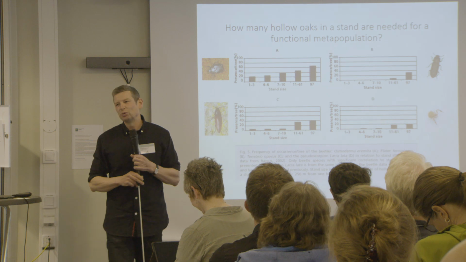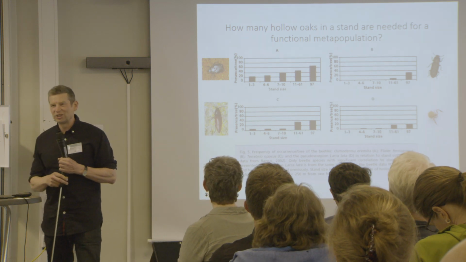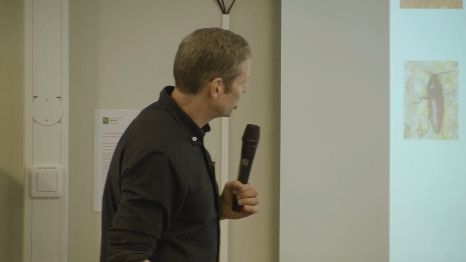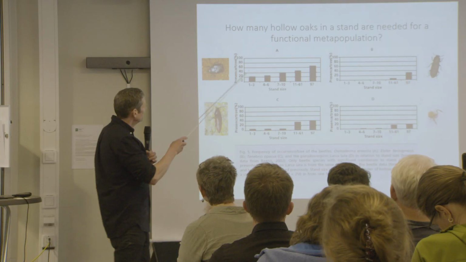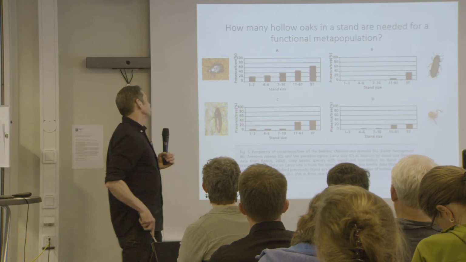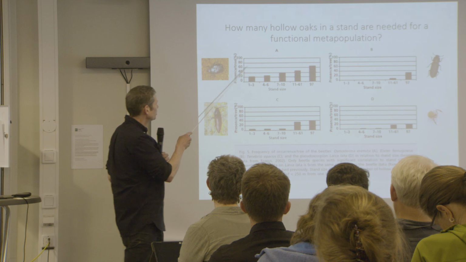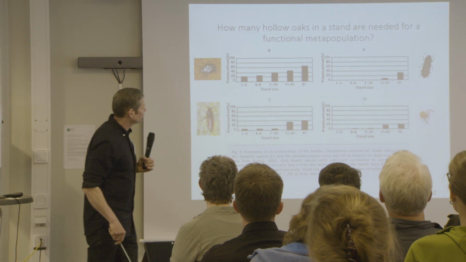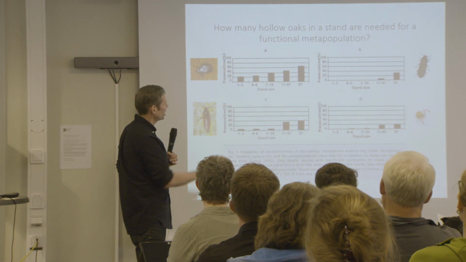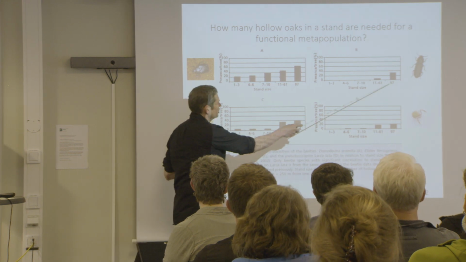So starting now with trying to answer the question of how many oaks different organisms need. This is one study showing that the presence per tree increases with the number of hollow trees in a stand, up to 97 here.